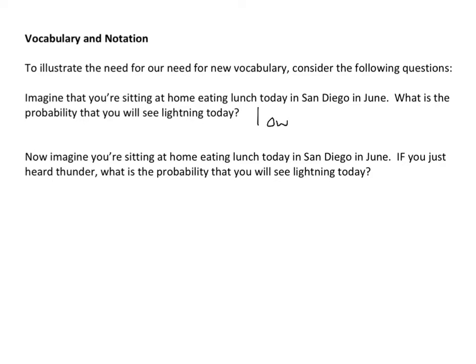Okay. Now, I want to ask a similar question. Imagine that you're sitting at home eating lunch in San Diego in June. Now, if you just heard thunder, what's the probability that you'll see lightning today? I hope you have an appreciation that this is now a high probability. What's interesting is that these are both about the probability of seeing lightning, right?